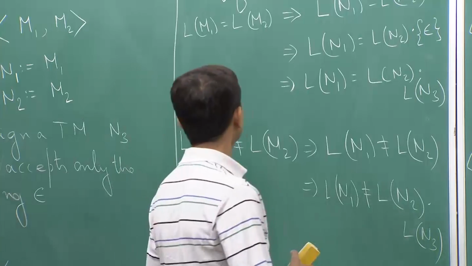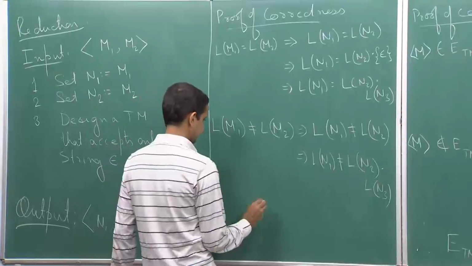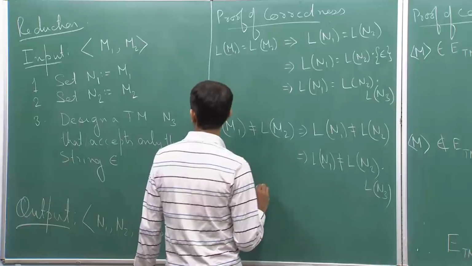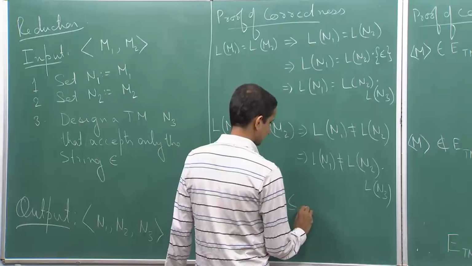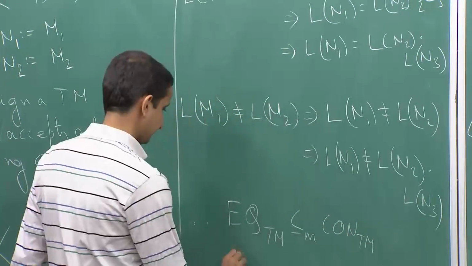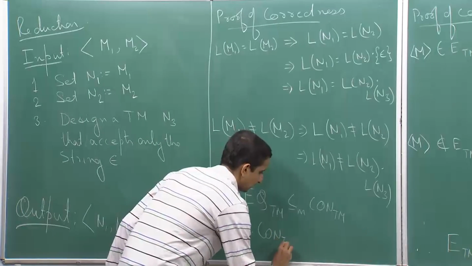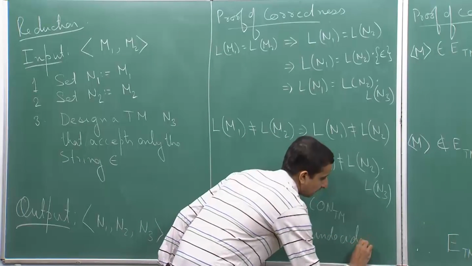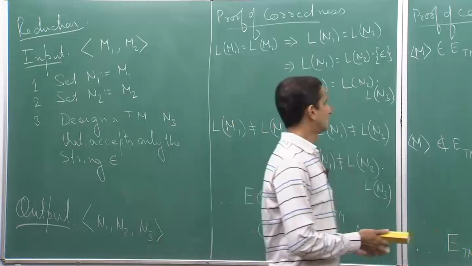Okay. So, this proves that EQTM reduces to ConTM, therefore ConTM is undecidable. Okay.